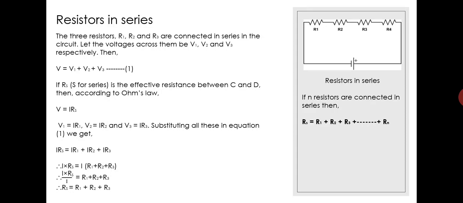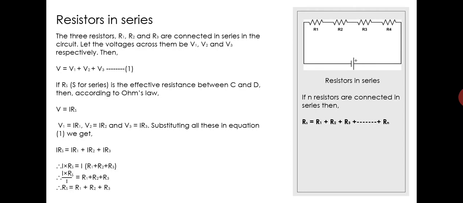Substituting all this in equation 1, we get I into Rs is equal to I into R1 plus I into R2 plus I into R3. Therefore, I into Rs is equal to, taking I as a constant, I multiplied by in bracket R1 plus R2 plus R3.